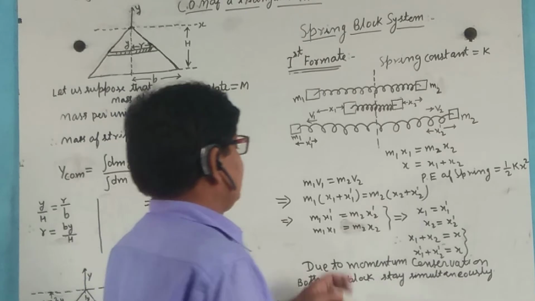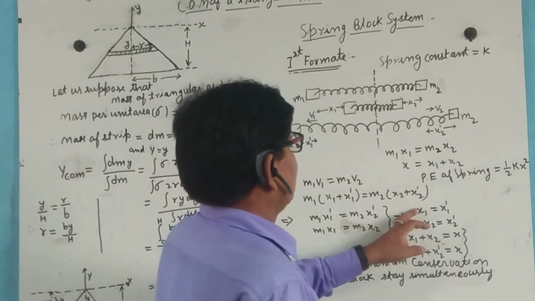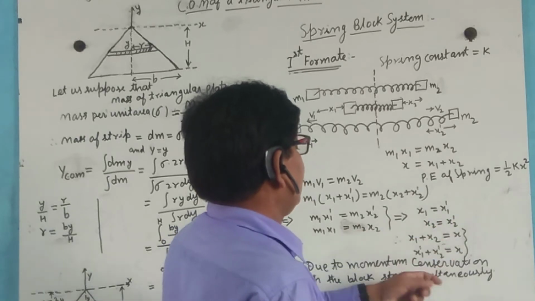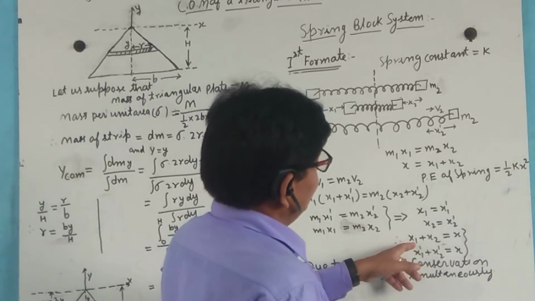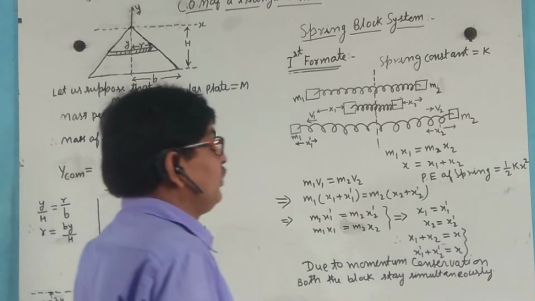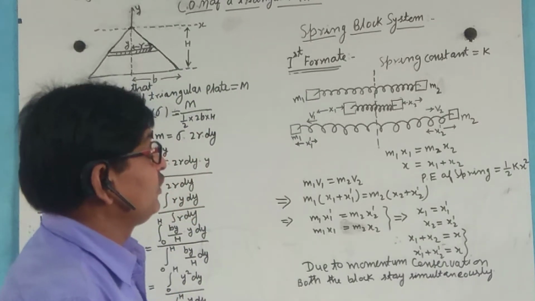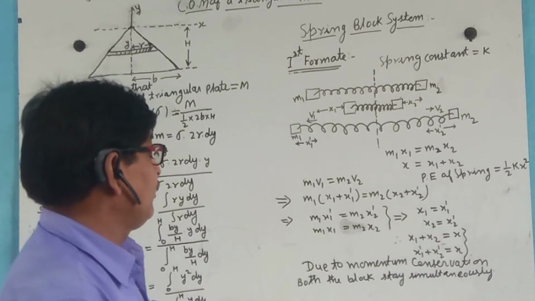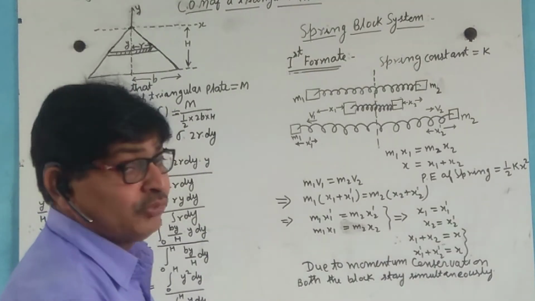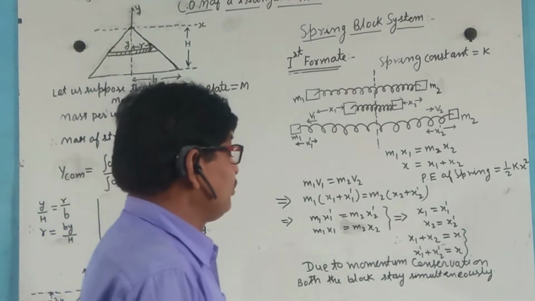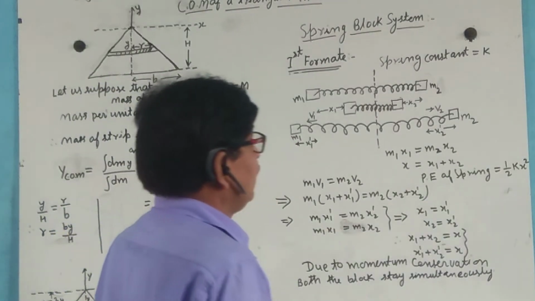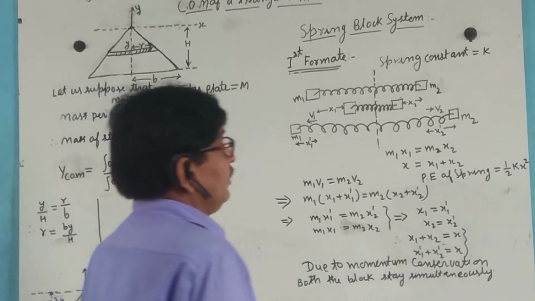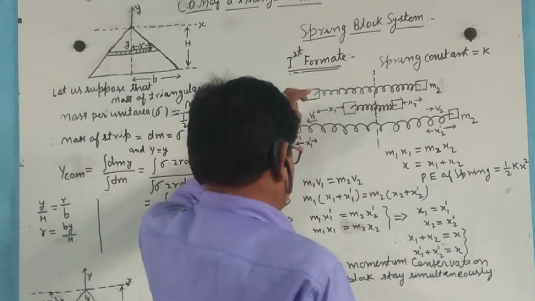This implies that x1 is equal to x1 dash, and x1 plus x2 is equal to x, and x1 dash plus x2 dash is equal to x. Due to momentum conservation, both the blocks stay in step. It means that in both the blocks, any type of situation created is similar in this case.